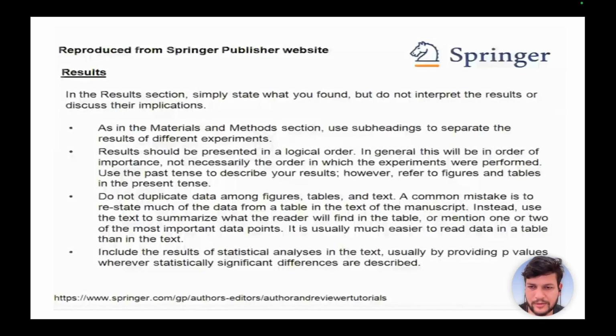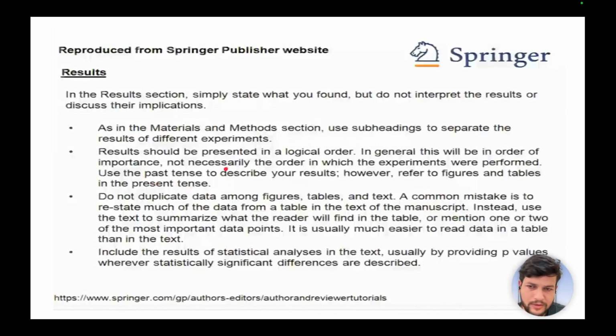Both the results and materials and methods should be in a logical order, related to the story of your research paper. So I have done this, then when I analyzed this result, something new came up, then I did my second experiment. It should be in that way.